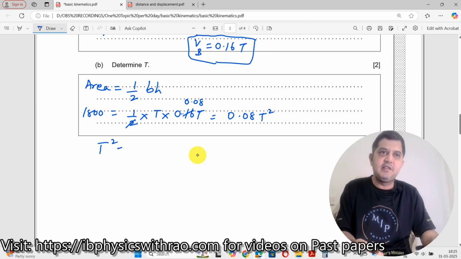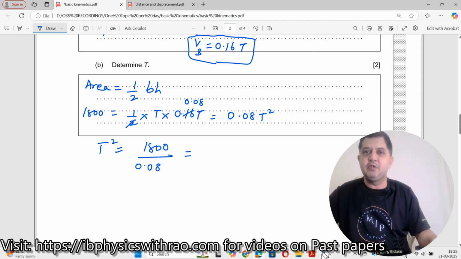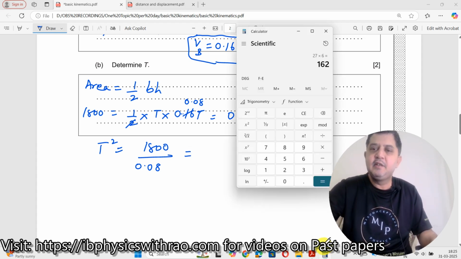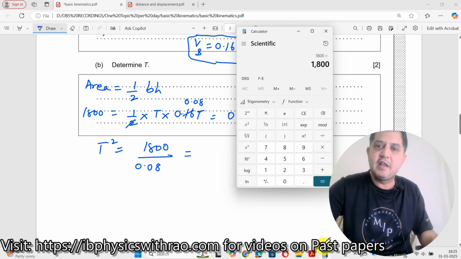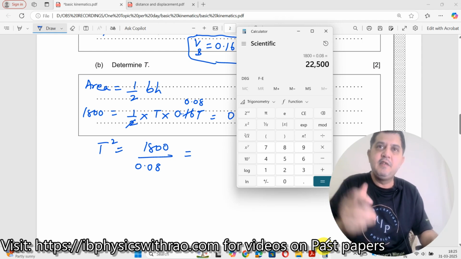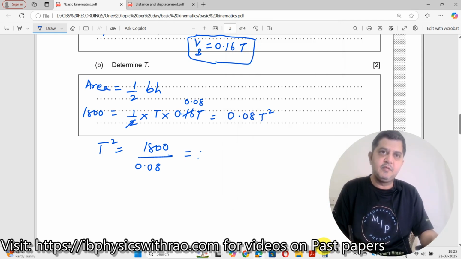Therefore t square is equal to 1800 divided by 0.08, which is 22,500.